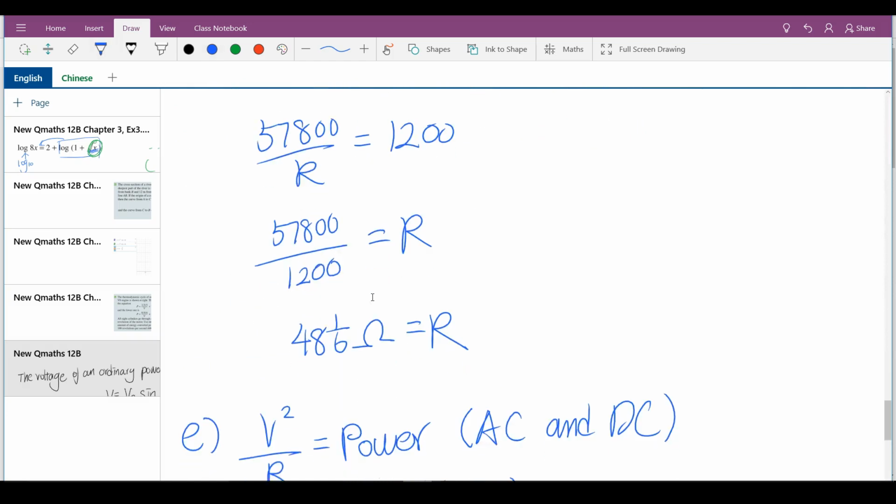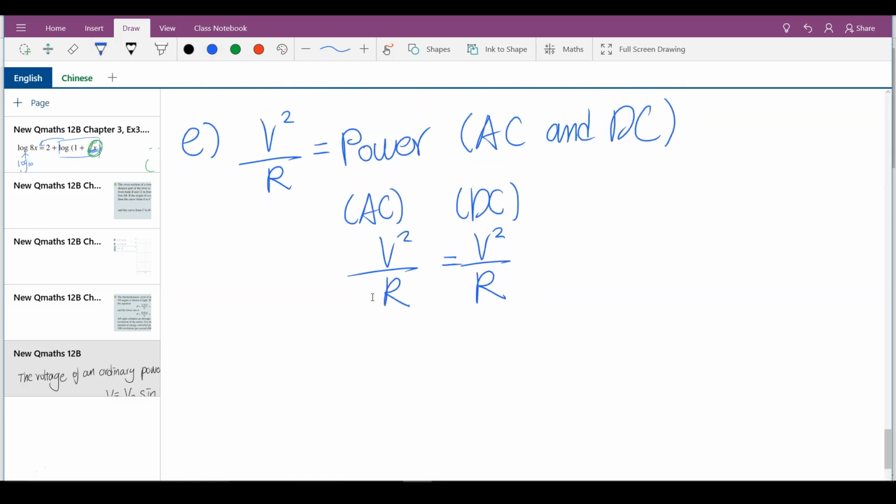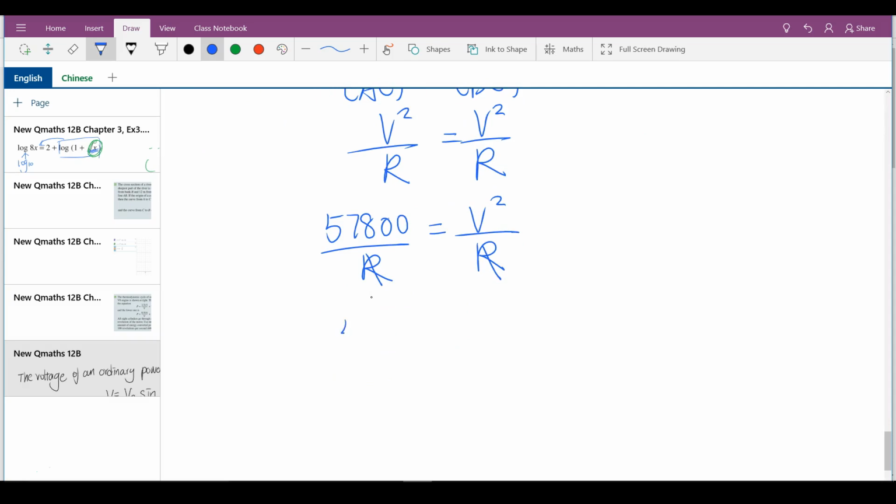So that's the power generated. So we know that 57800 over R is equal to this. We take away that R, and it's just that: 57800 equals V squared.